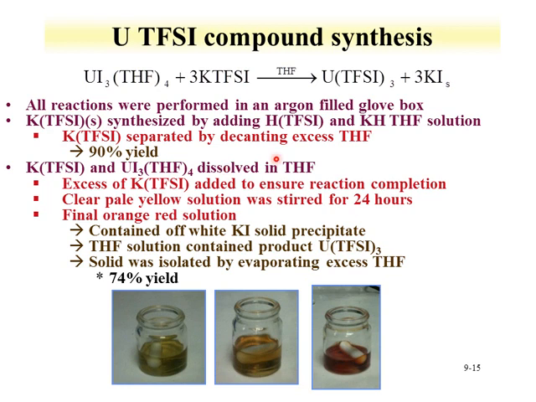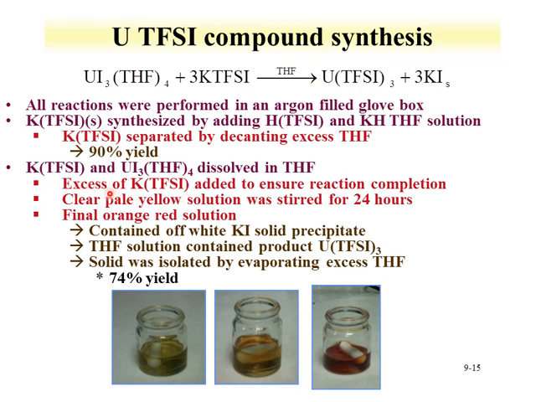This synthesis is fairly straightforward. It's shown here where we have the uranium triiodide and tetrahydrofuran with some potassium TFSI ligand added together under THF, where we get a potassium iodide product and the uranium TFSI compound.